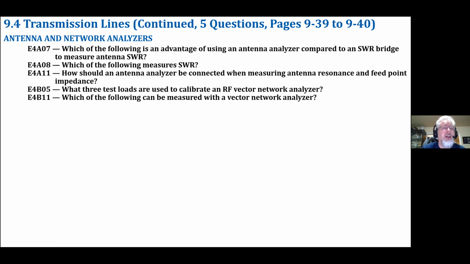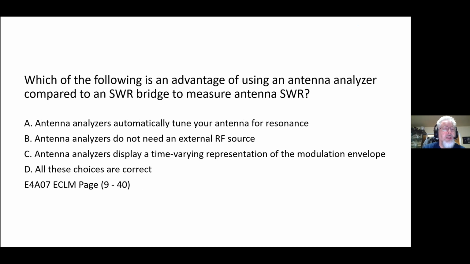9.4, transmission lines, antenna, and network analyzers. Which of the following is an advantage of using an antenna analyzer compared to an SWR bridge to measure antenna SWR? A, antenna analyzers automatically tune your antenna for resonance.